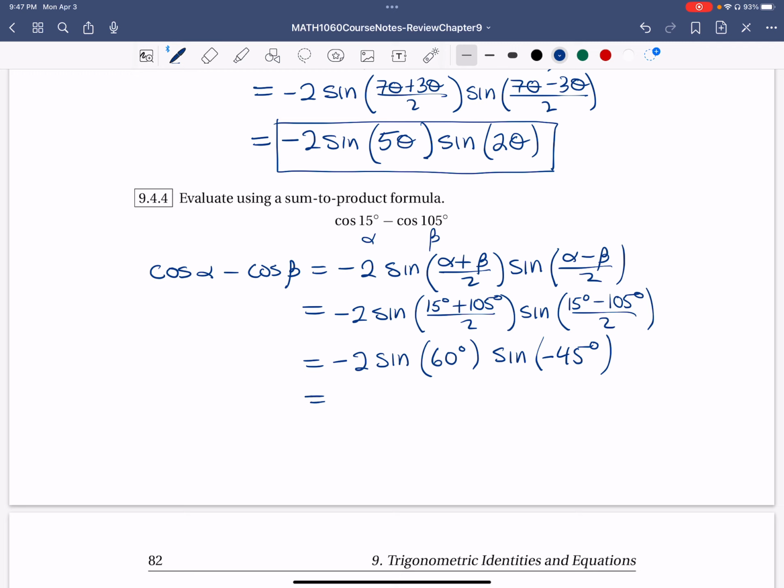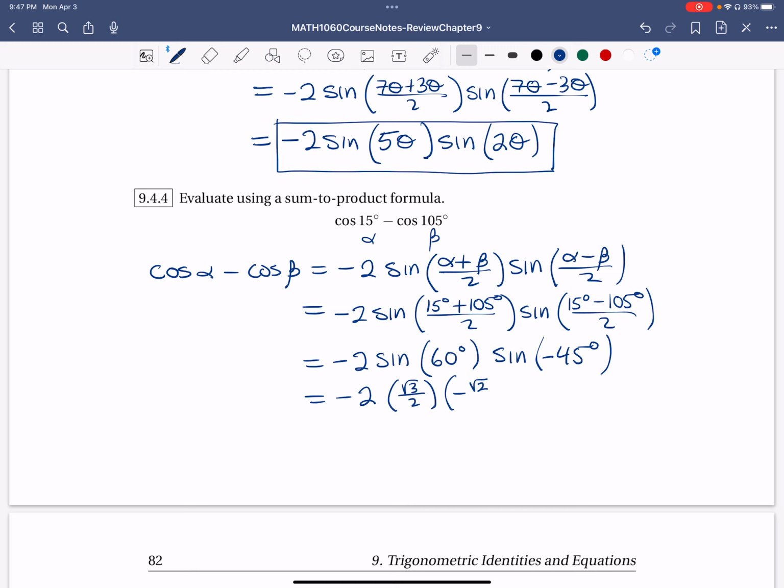Okay, so now let's compute these two. 60 degrees is in the first quadrant, and its reference angle is 60 degrees. And the sine of 60 degrees is root 3 over 2. And then the sine of negative 45 degrees, of course, that's the fourth quadrant where the sine is negative.